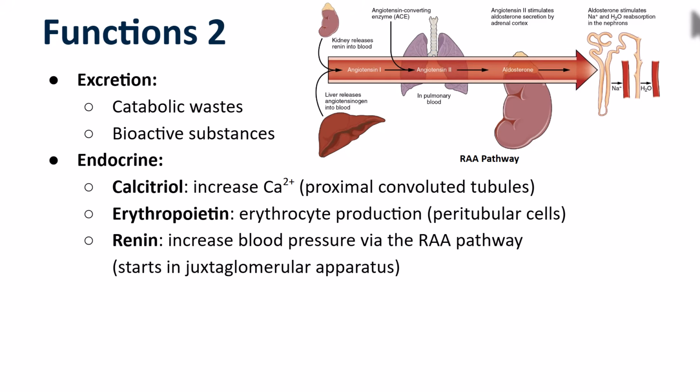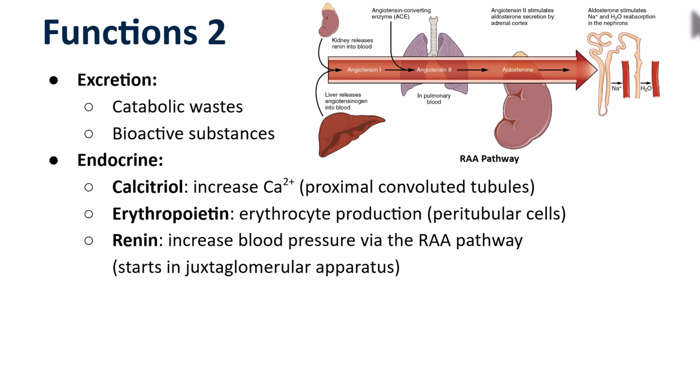The next major function is that of excretion. So metabolically active cells produce waste products, and those catabolic waste products can be excreted by the kidneys into the urine. Also, various bioactive substances, pharmaceuticals, drugs, can also be excreted by the kidneys. And then finally, the kidneys serve as an endocrine source.